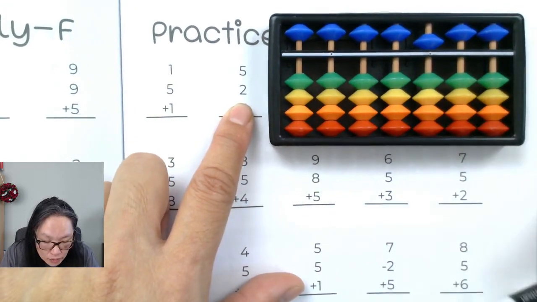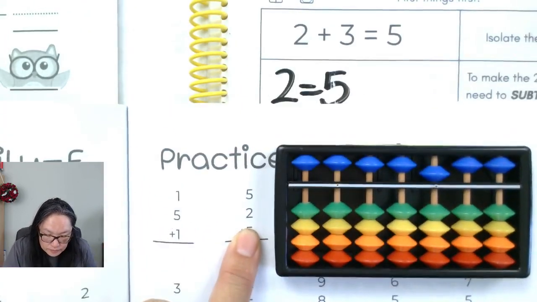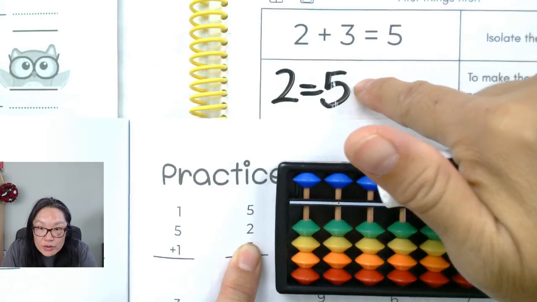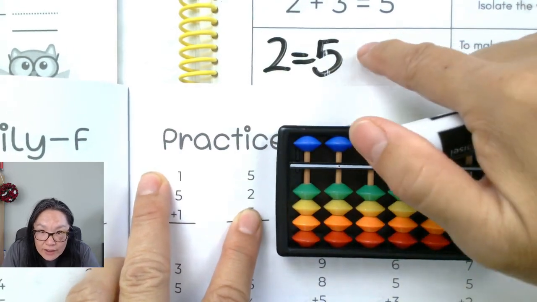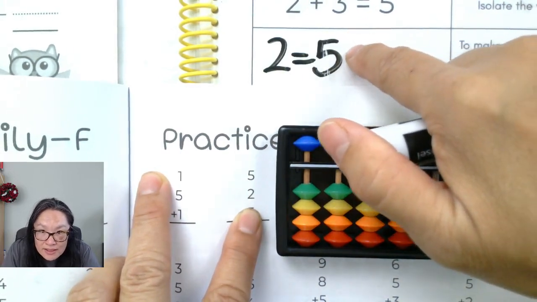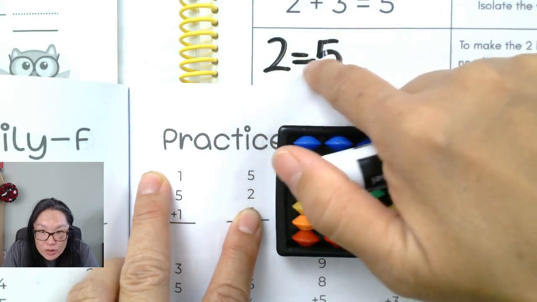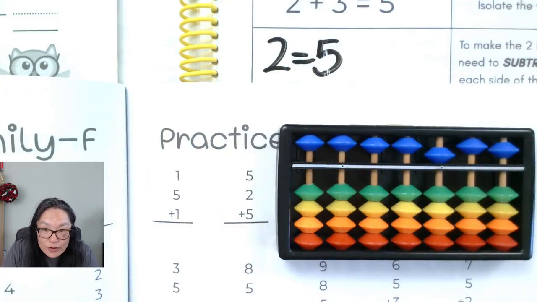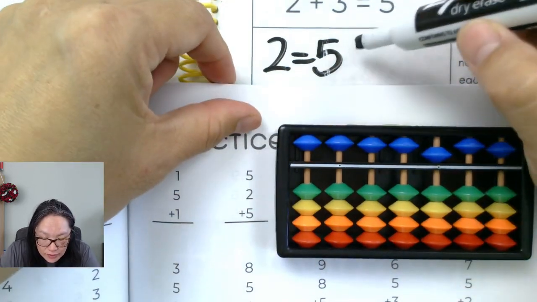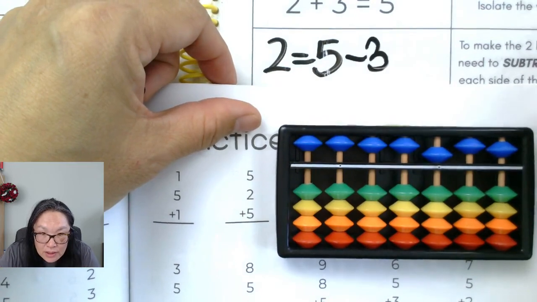To add the 2, I can use the 5. But if I use the 5, this is too much. They cannot equal. I cannot substitute this. I have to subtract 3 to substitute. Does that make sense?